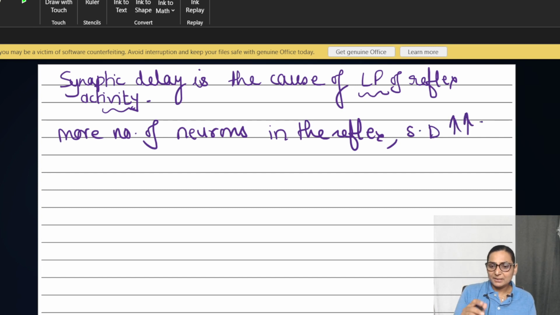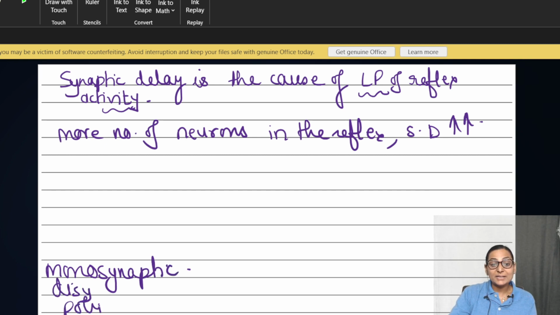Now this property becomes very important when later on you will study different reflexes like the monosynaptic reflex, the disynaptic reflex, the polysynaptic reflexes, and you will come to know when the number of interneurons and synapses involved are more in a particular reflex, the reaction time of that reflex will be more.